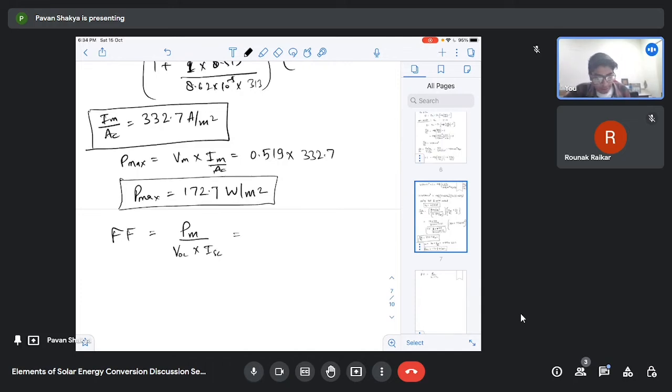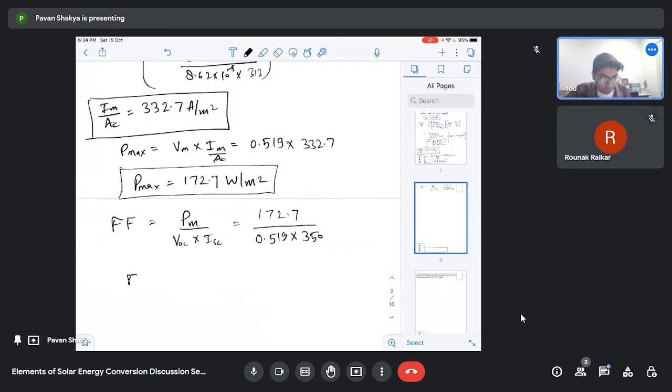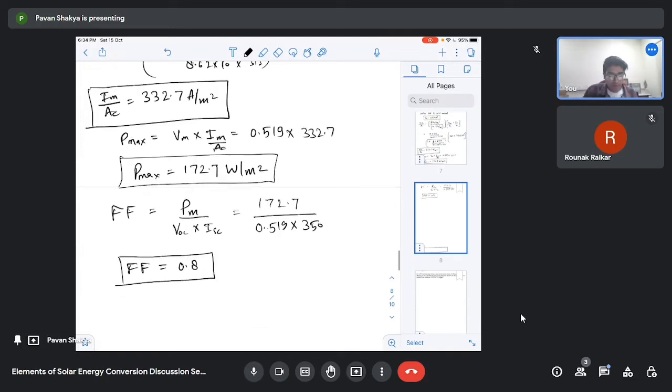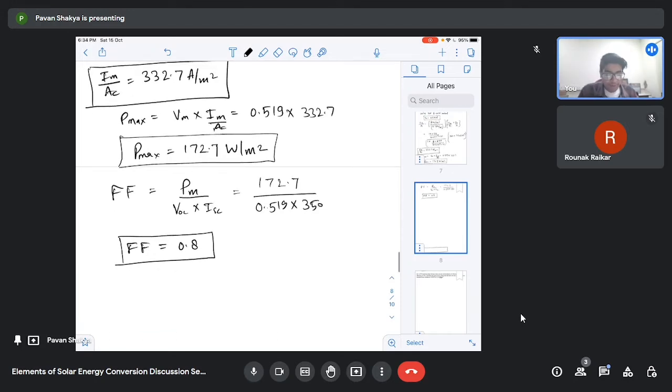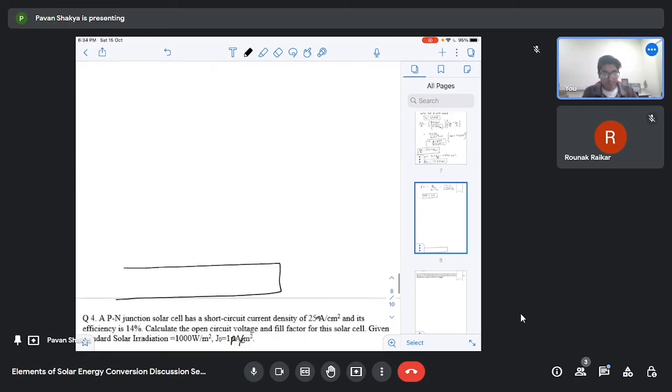So this one will be equal to 172.7 divided by this VOC, that is 0.519, multiplied by this 350. So when you solve, this fill factor will come out around 0.8. Okay, so in this problem, we have calculated all the parameters that have been asked. Now we will move to the next problem.